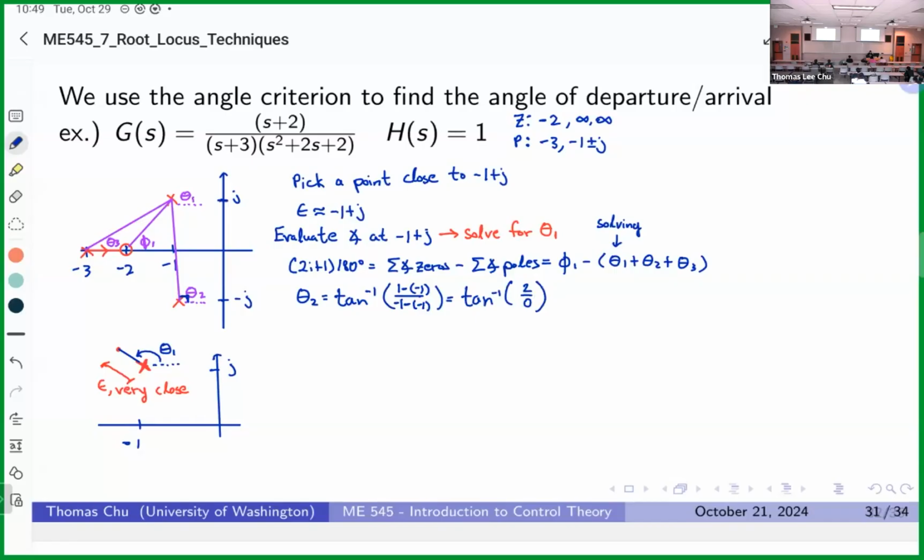And when we take the arctan of infinity, or a very, very big number, this value approaches 90 degrees.